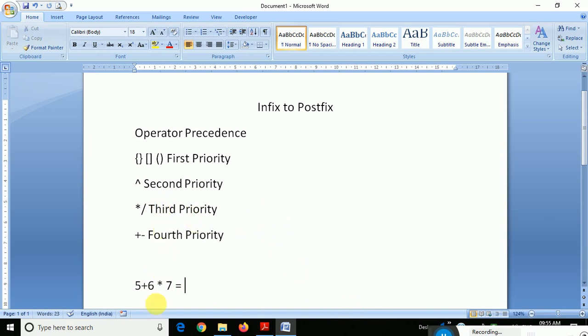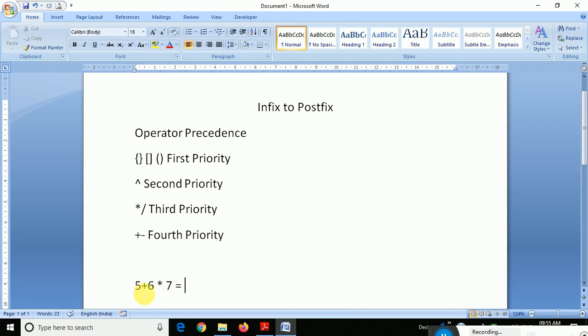If brackets are not there, then which priority do we have to take? The second. Plus comes last, and star comes first. So we'll make the star the first priority, and 6 into 7 is 42.